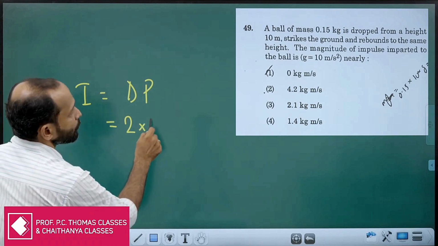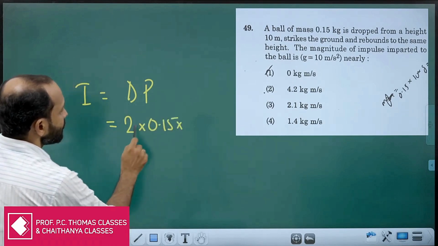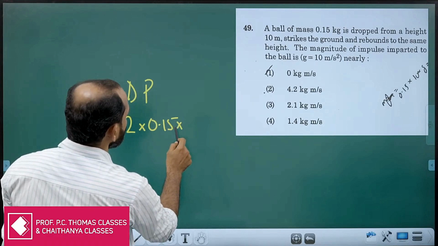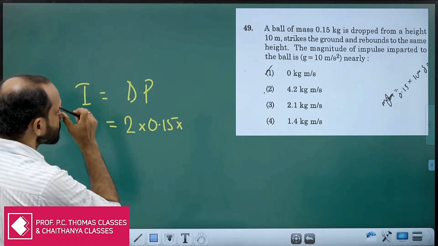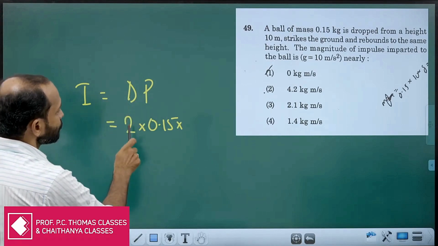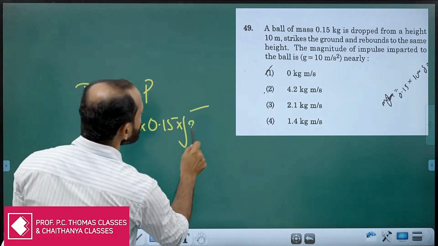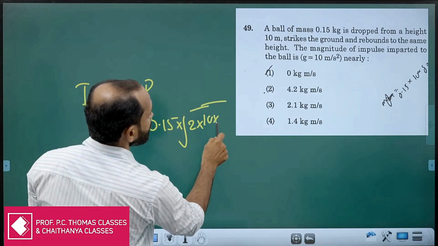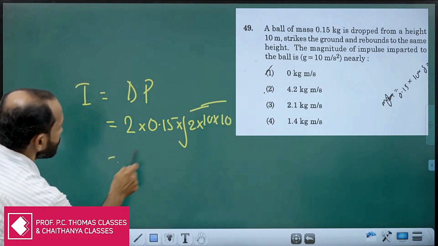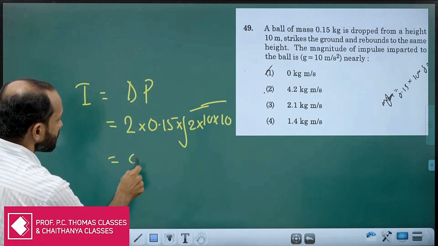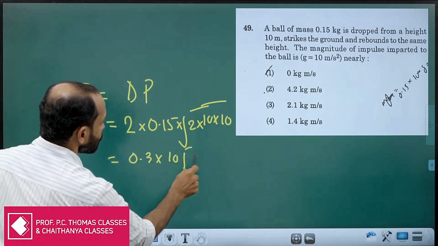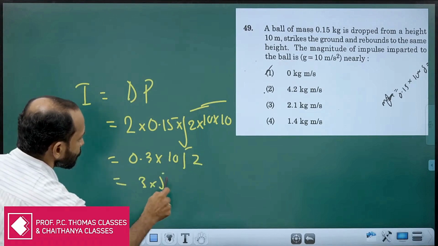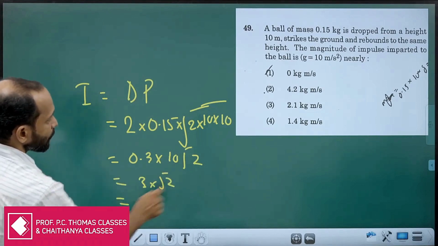So 2 into mass 0.15, into v, where v is root 2gh. G is 10, h is also 10. That gives 0.3 times root 200, which is 10 root 2, so 3 root 2, about 4.2.